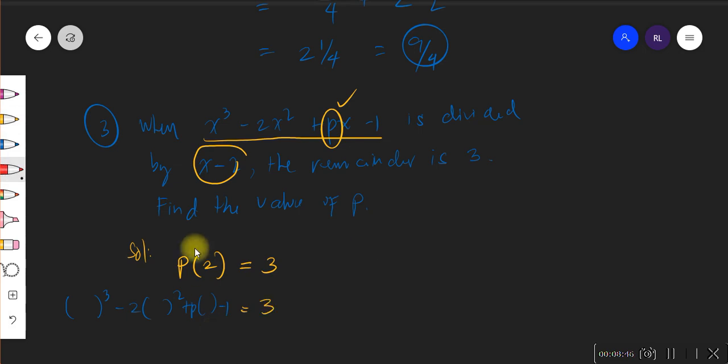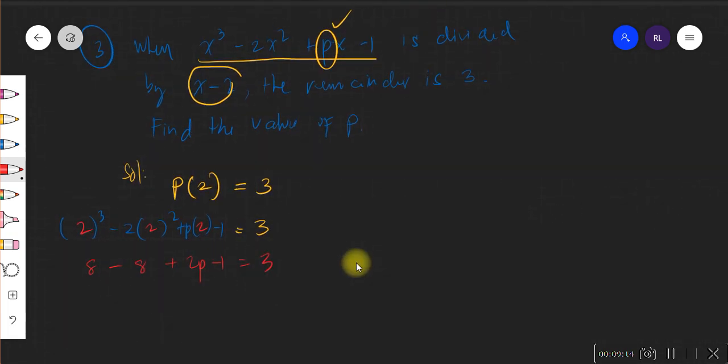So x cubed becomes 2 cubed, 2x squared becomes 2 times 2 squared, and px becomes 2p. Here it becomes 8 minus 8, which is 0, plus 2p minus 1 equals 3.